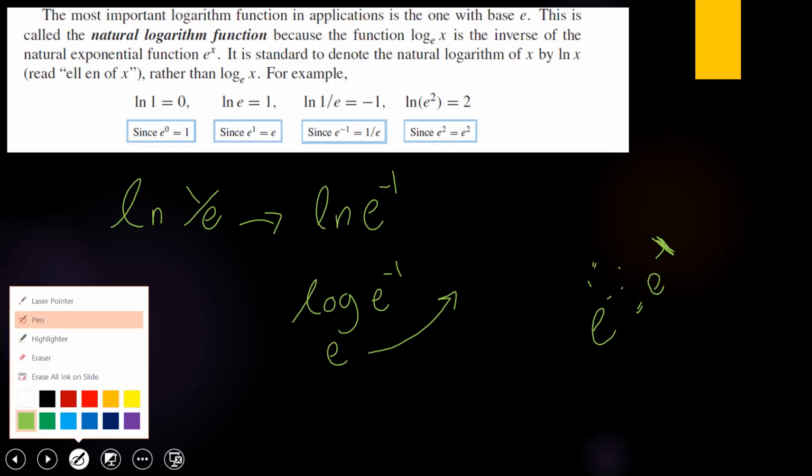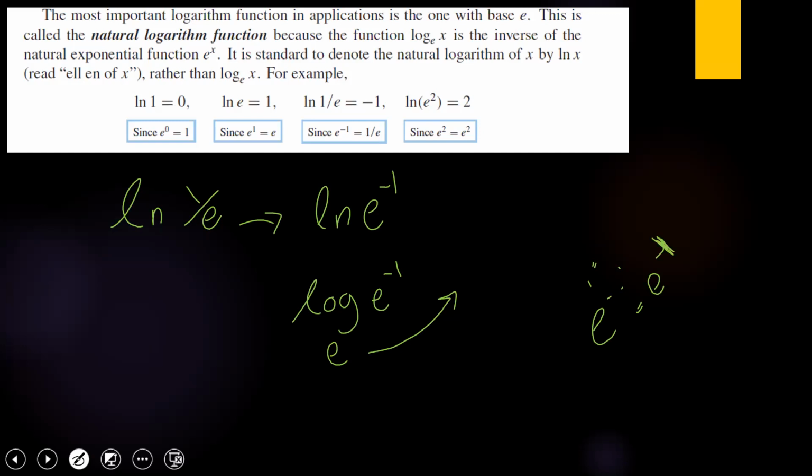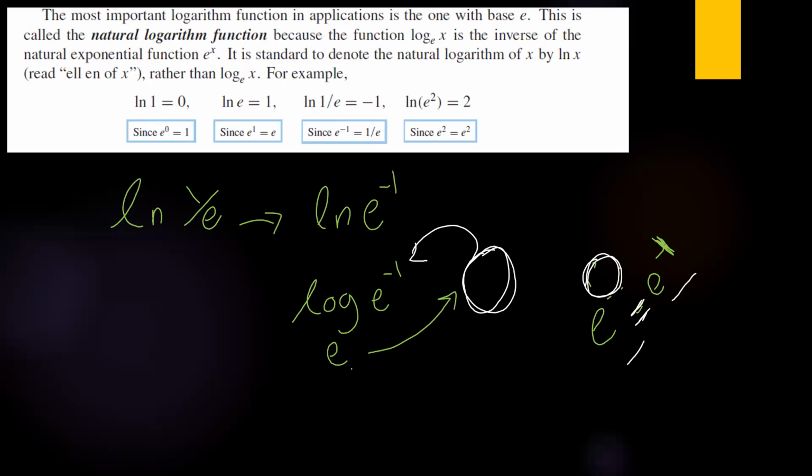How can I solve it? As I said yesterday, e to the power something equals e to the power negative 1.